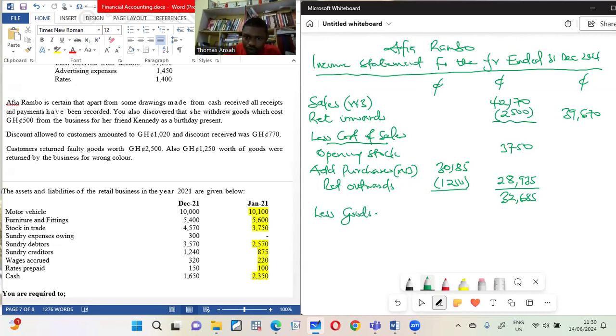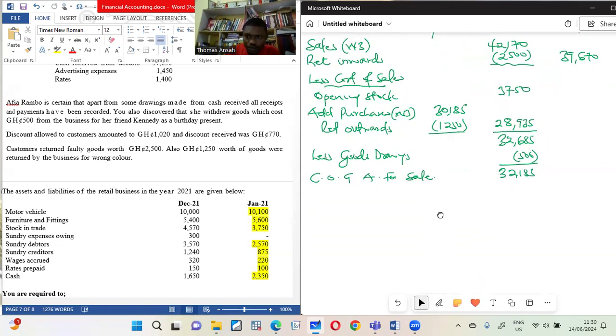Then I less goods drawings. We are told that he withdrew goods of 500. So goods drawings, minus 500. That gives me 32,185. This is called cost of goods available for sale. So we've done that.